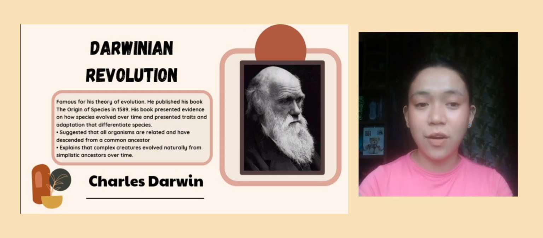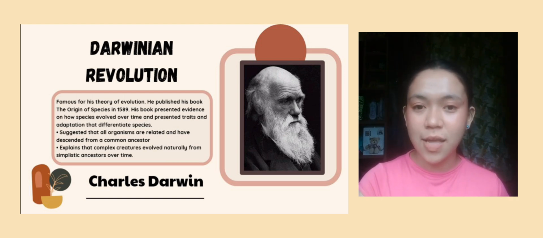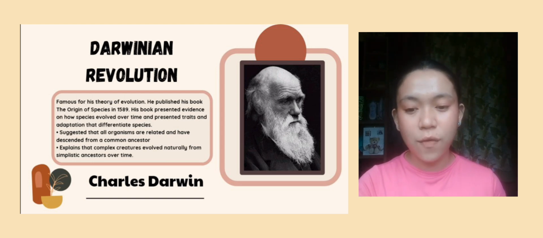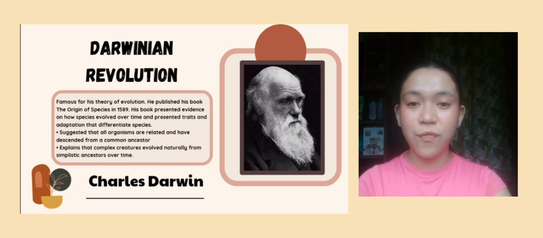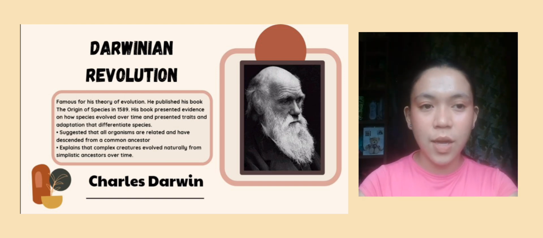We have the Darwinian Revolution by Charles Darwin. Charles Darwin was an English naturalist, geologist, and biologist. He is also widely known as the father of evolution because of his famous theory, the theory of evolution. He published his book, The Origin of Species, in 1589.